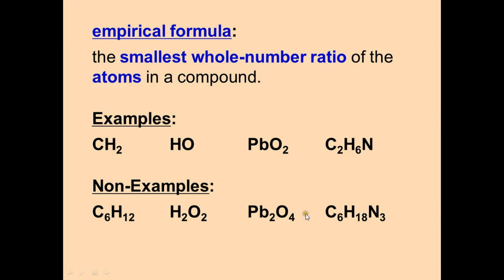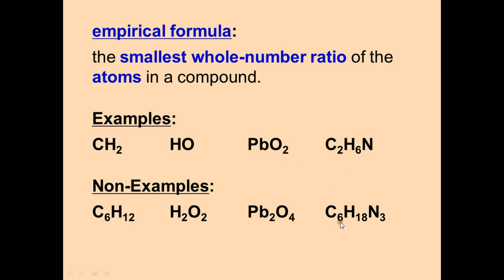And same thing with all these. 2 and 2 are both divided by 2, so 2 divided by 2 is 1, and 2 divided by 2 is 1, so we have 1 hydrogen, 1 oxygen. Same thing with lead and oxygen here. We have 2 leads and 4 oxygens, both divided by 2, so 2 divided by 2 is 1, 4 divided by 2 is 2.